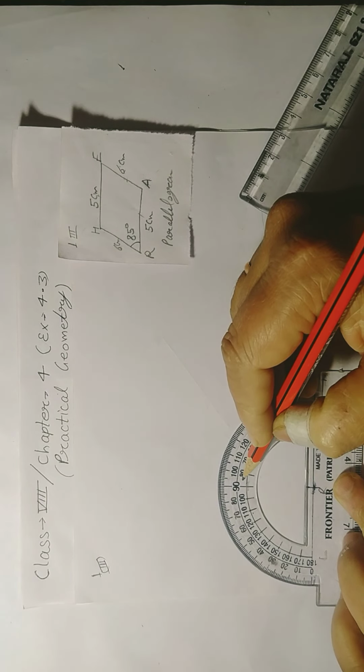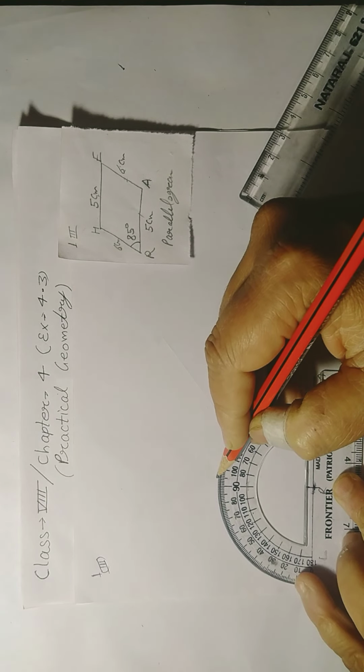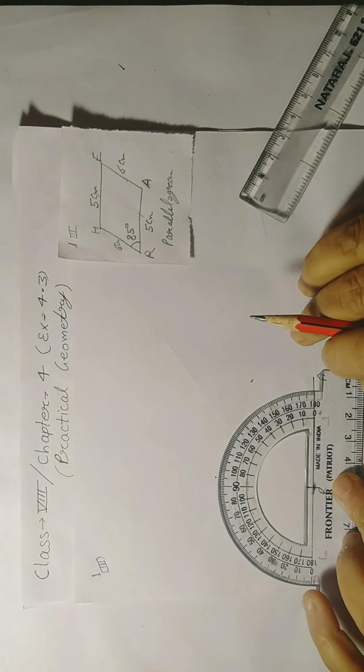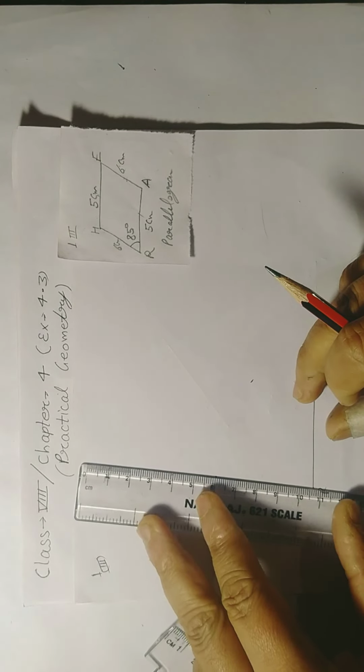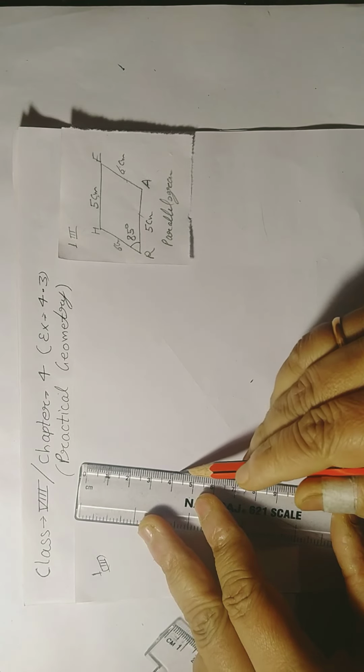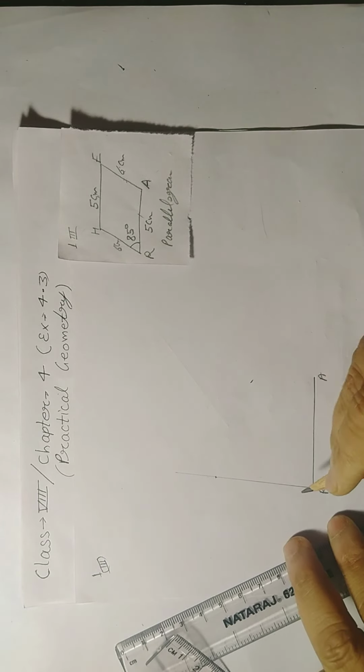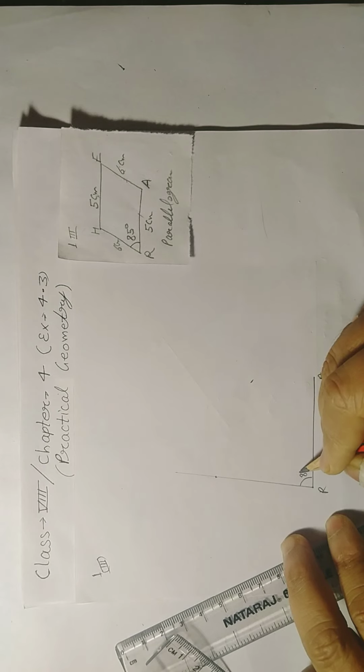So 85 degree is between 90 and 80, which means this angle is 85 degree. Now we join this point to R, which is the angle of 85 degree.